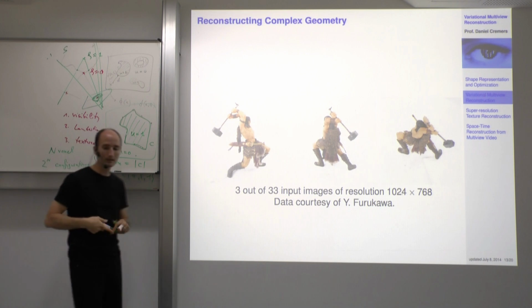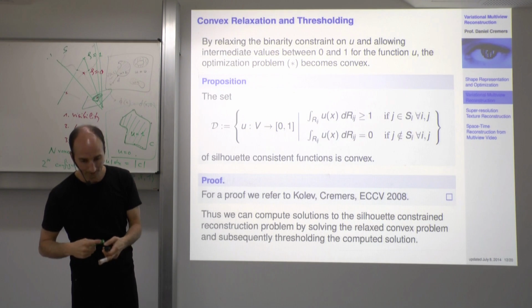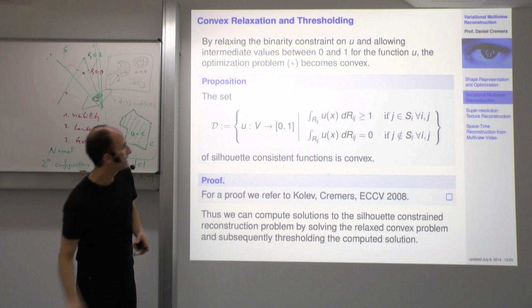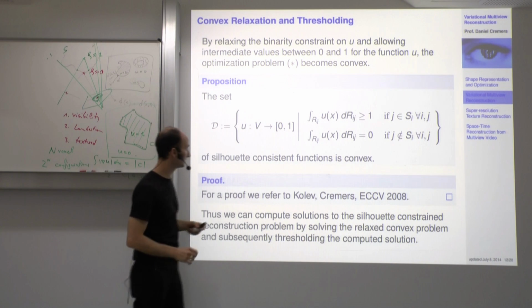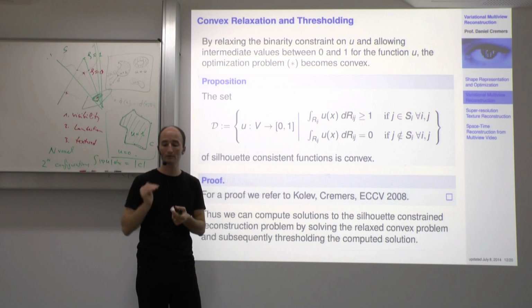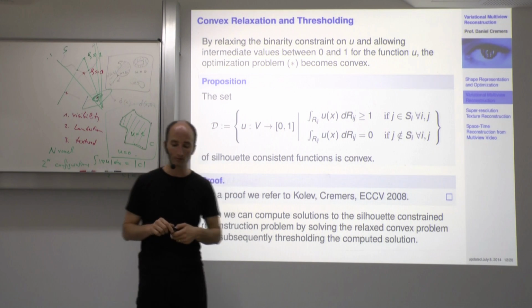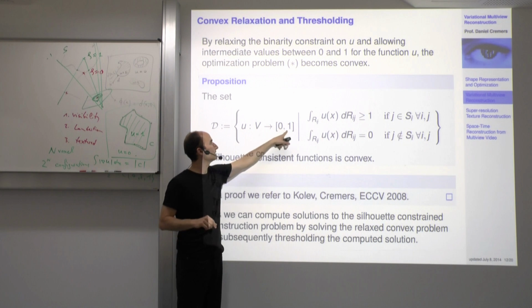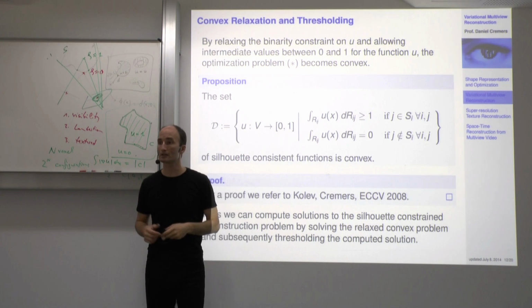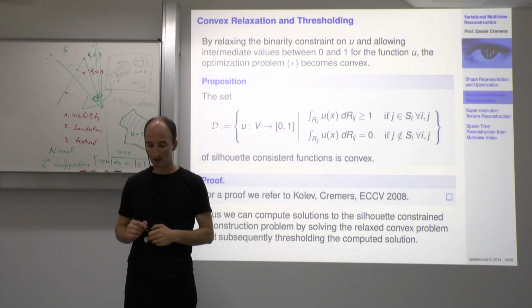So in this discrete setting, once I have discretized my volume, the labeling is in some sense a combinatorial problem, and what we do here is we relax that to a convex optimization problem.